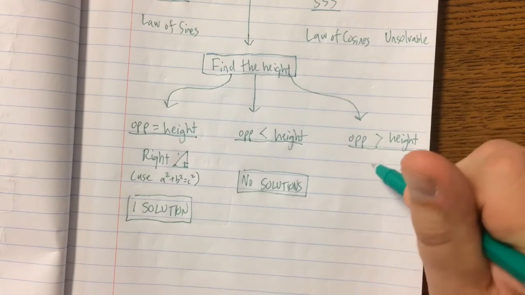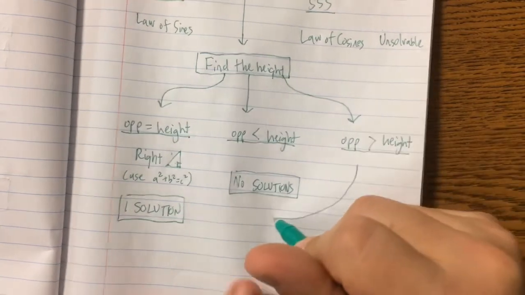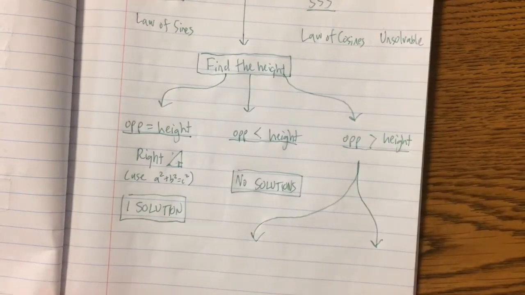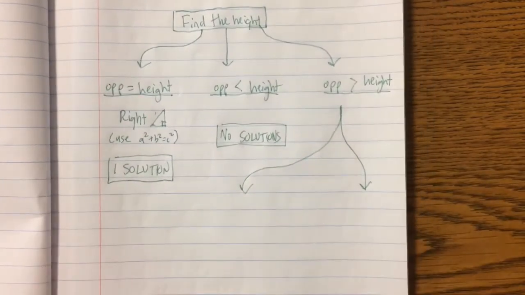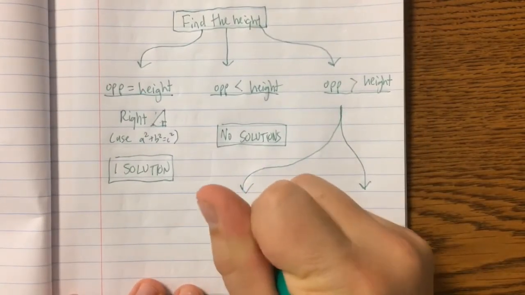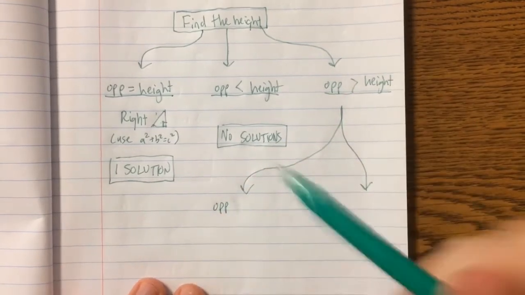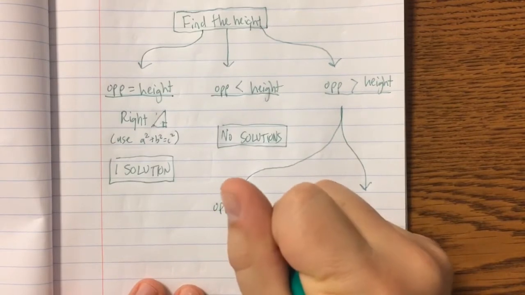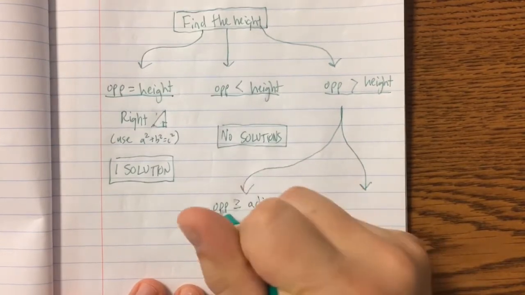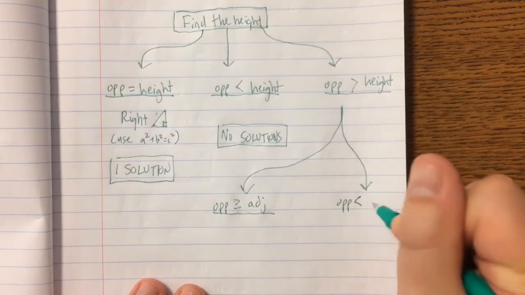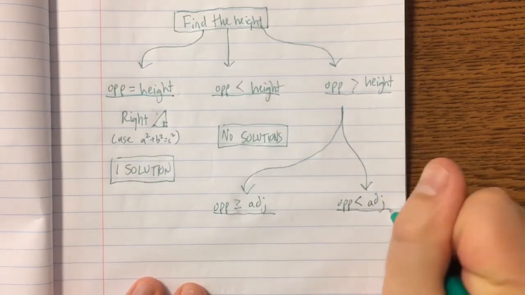So if this happens, I'm going to split this up into 2 options here. So either the opposite side will be greater than, or we'll throw an equal to as well, so greater than or equal to the adjacent side, or the opposite side is shorter than the adjacent side.